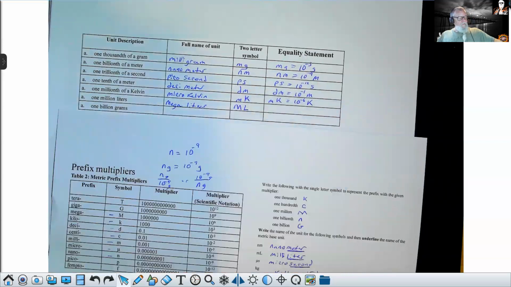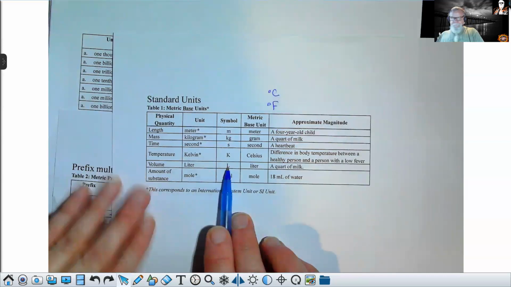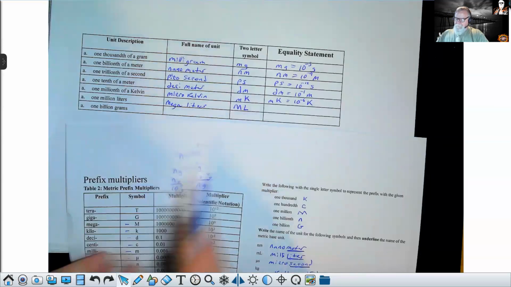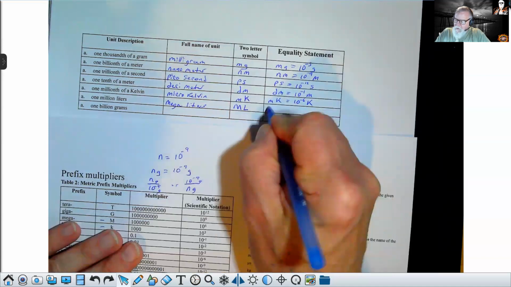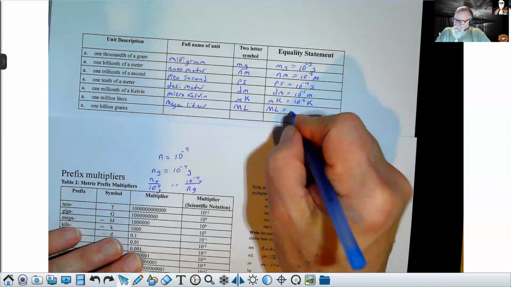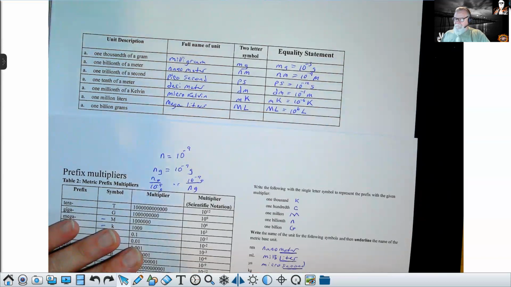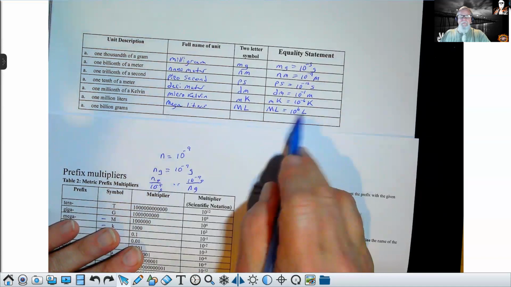Because remember, the base unit for liter is a capital L. All right. So mega liter then is equal to 10 to the 6 liters. It's a pretty big volume, right? Okay. 1 million liters.